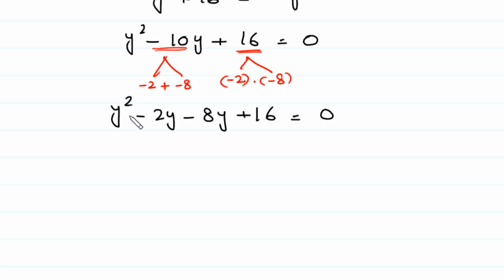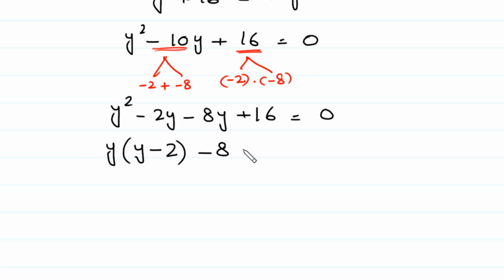Now from y square and minus 2y we can take y as common. Y as common, and in bracket we get, when we divide this y square by this y, we get y. This minus comes here, and when we divide this 2y by this y, we get 2. And from minus 8y plus 16, we can take minus 8 as common.